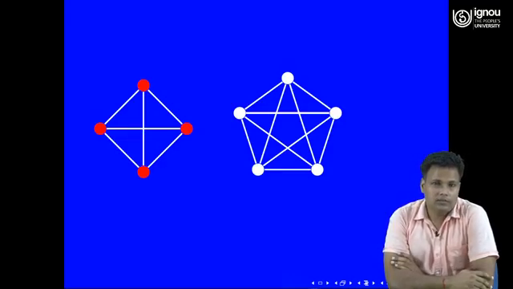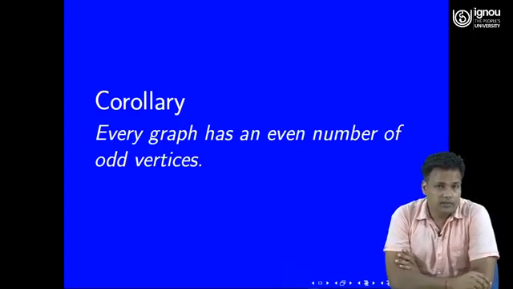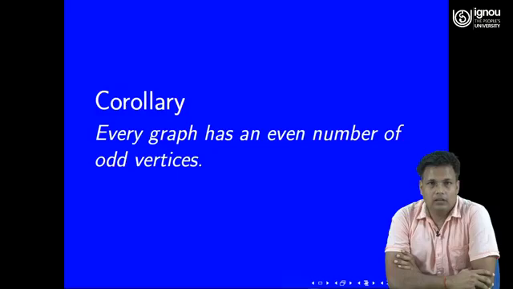So in all these examples, you have seen that the number of odd vertices a graph has is an even number. And in fact, this is not a coincidence. It is a well-established result which follows from the handshaking lemma. It says that every graph has an even number of odd vertices.